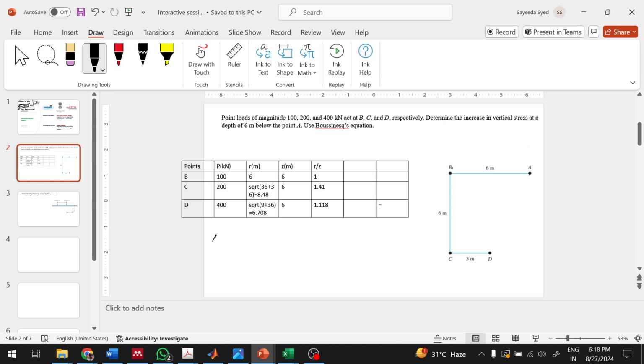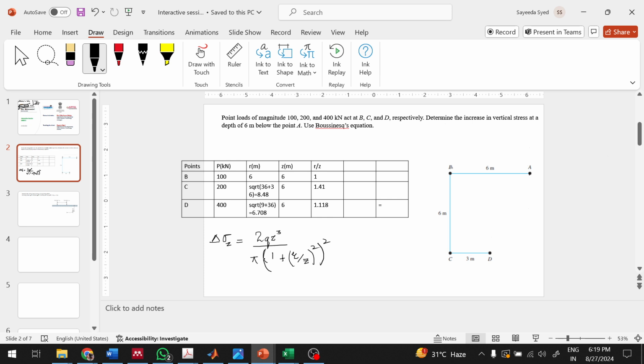It will be delta, increment of vertical stress, is equal to 2 times Q Z cube over pi, 1 plus R over Z square, and we have this square.